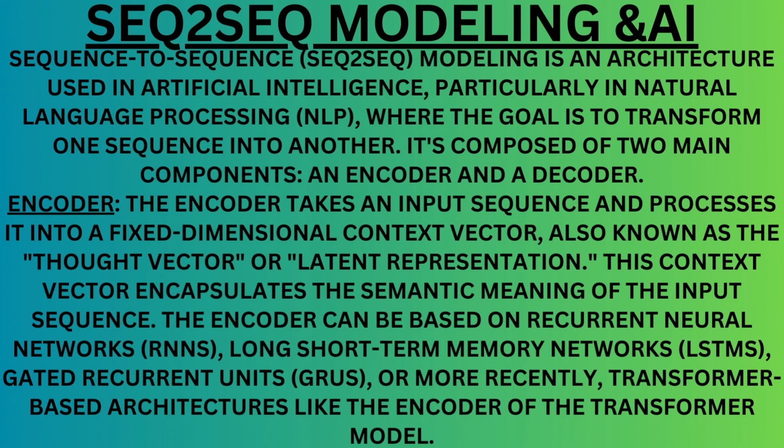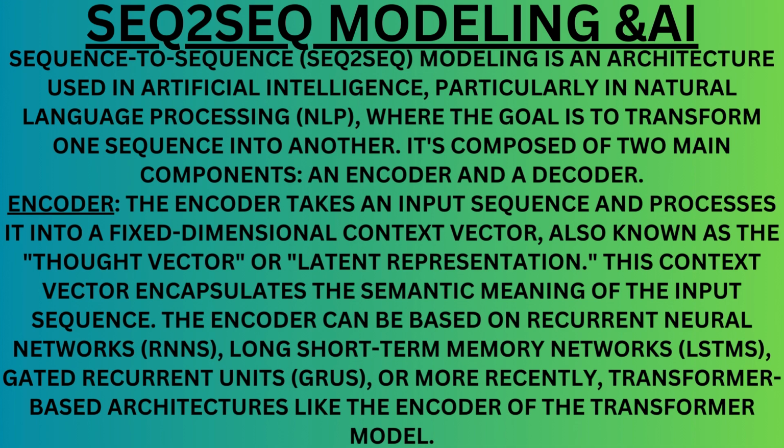Encoder. The encoder takes an input sequence and processes it into a fixed dimensional context vector, also known as the thought vector or latent representation. This context vector encapsulates the semantic meaning of the input sequence.